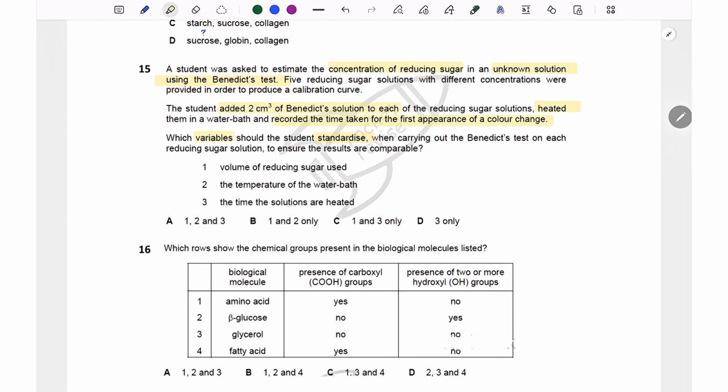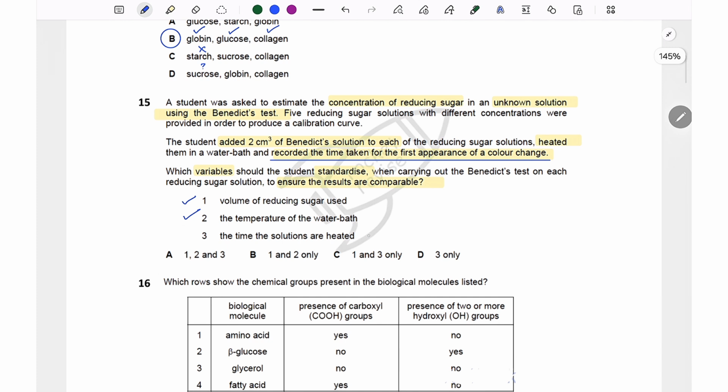Standardize, keeping constant, keep it the same to ensure comparable results. Volume of reducing sugar used, that should be kept the same. The temperature of the water bath, that should be kept the same. The time the solutions are heated, remember this bit, it says they have to record the time for the first color change to appear. So that is going to vary. This varies, so you cannot keep it the same. So it's 1 and 2. Answer is B.